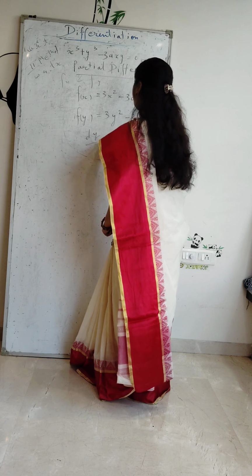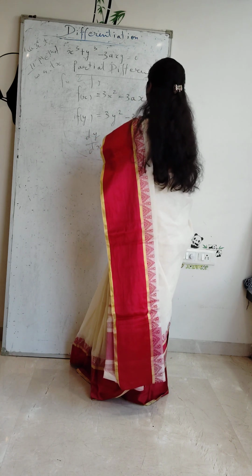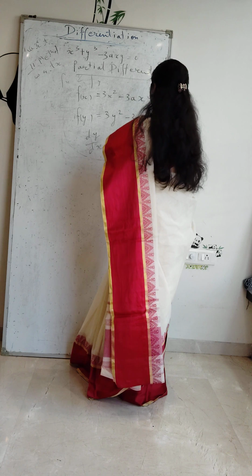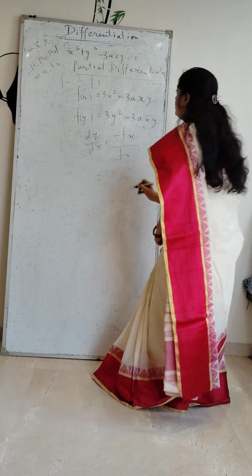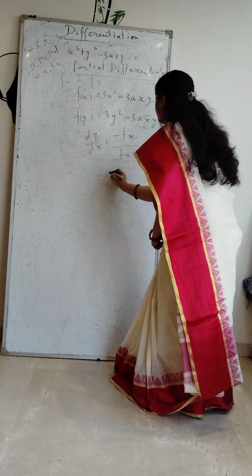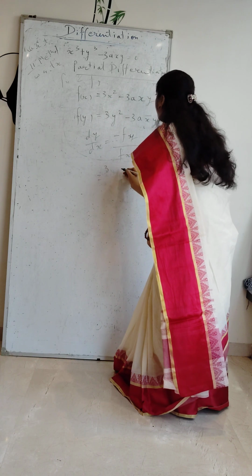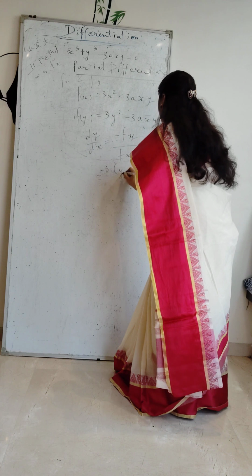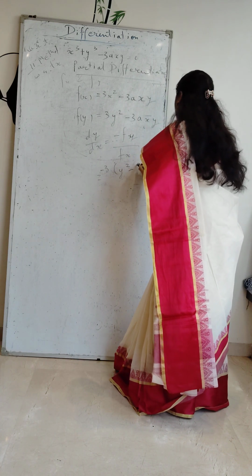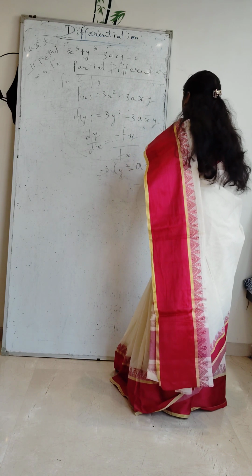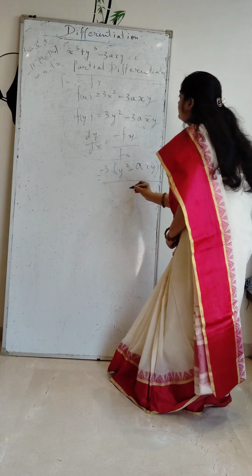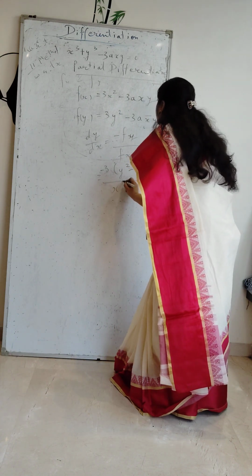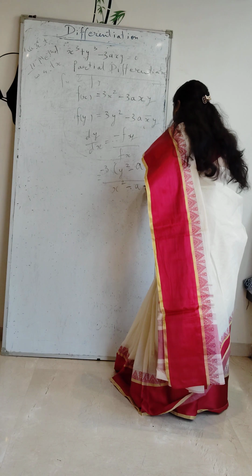So dy by dx will be minus of fx upon fy, placing the values. I am taking 3 as common: minus y square minus ax upon x square minus ay.